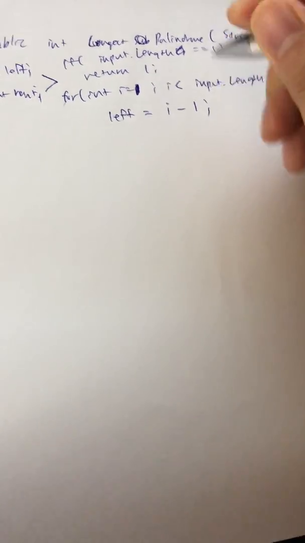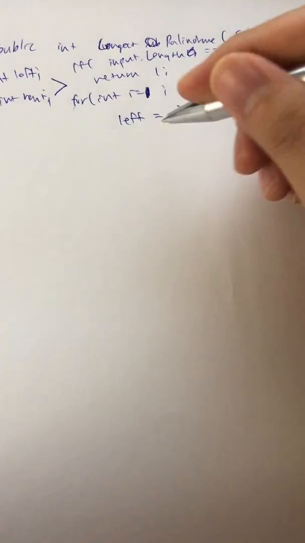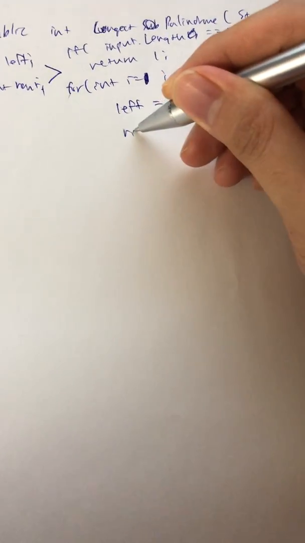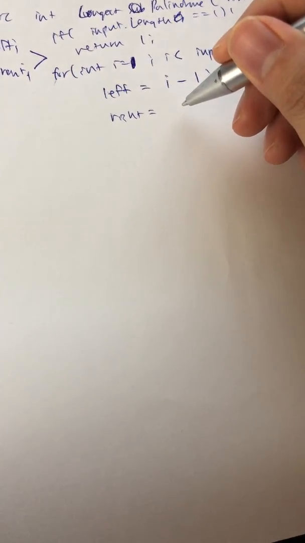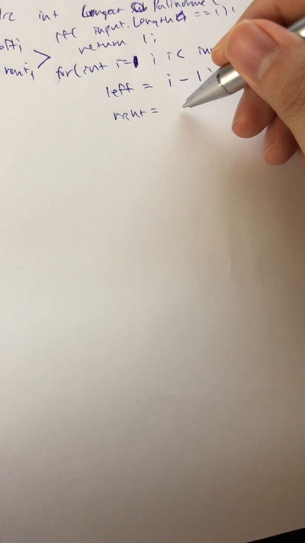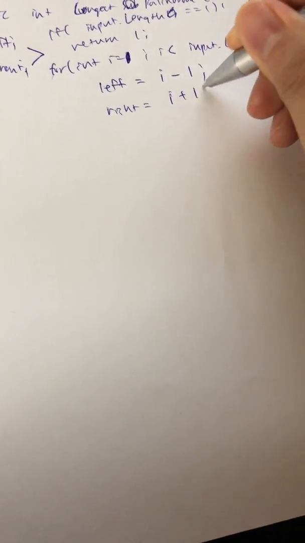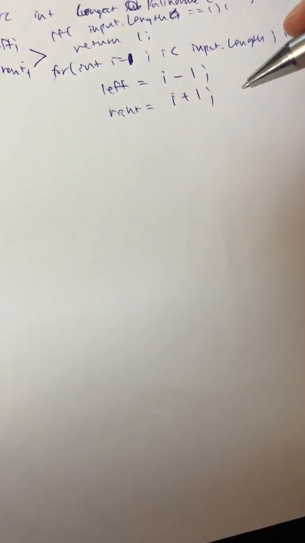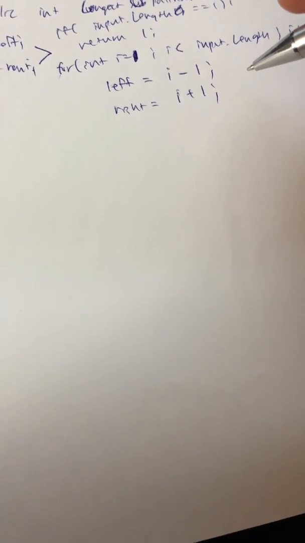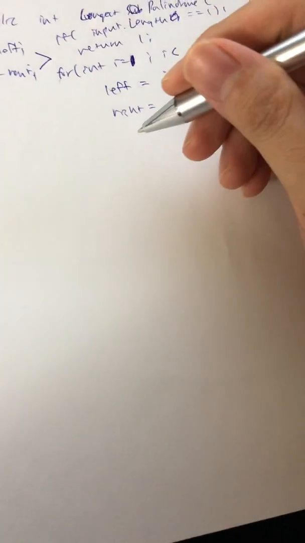So left is i minus 1, obviously, because it's looking at the left of the index that I'm currently on, and the right will be at i plus 1. What's in the middle shouldn't really matter.